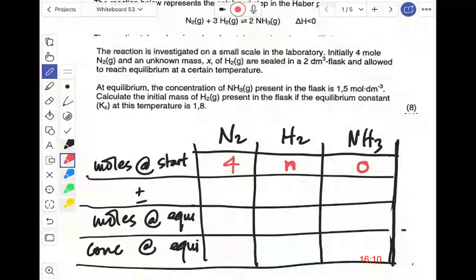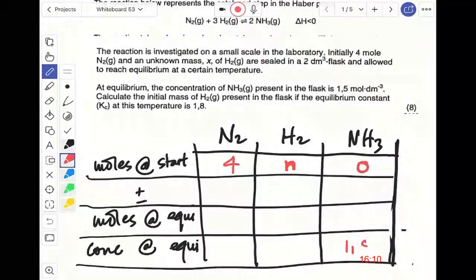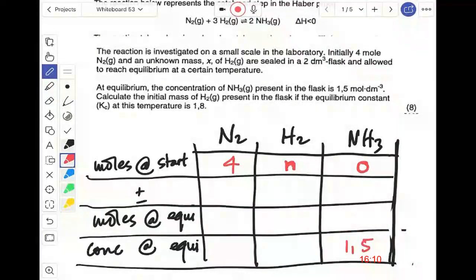At equilibrium, the concentration of the ammonia present in the flask is 1,5 mol per decimeter cubed. So that's 1,5. Notice it is a 2 decimeter cubed container.